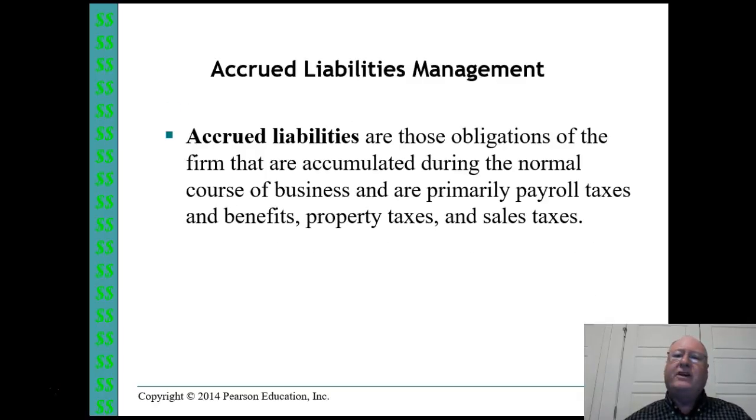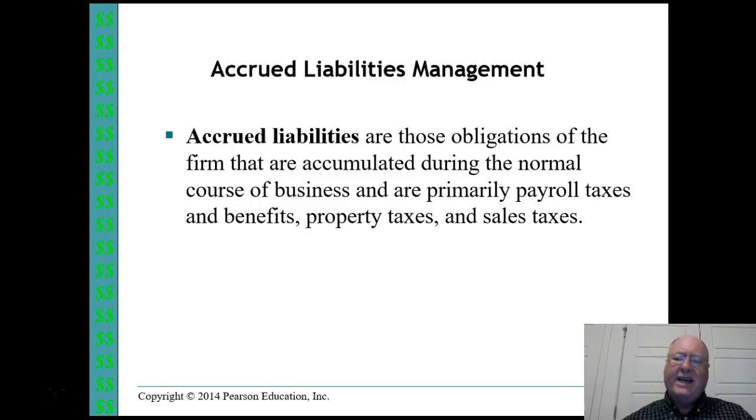Accrued liabilities are those obligations that are accumulated during the normal course of business, and usually they're payroll taxes and payroll insurance and property taxes and sales taxes, those kinds of things.